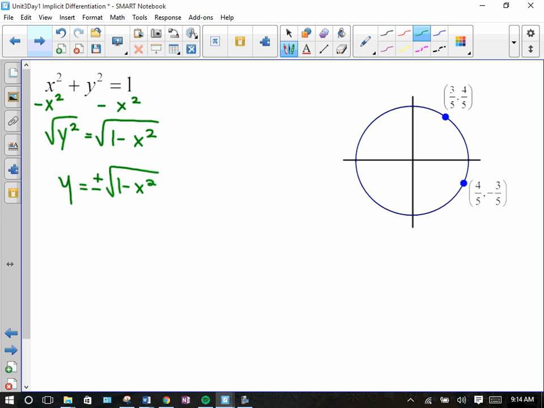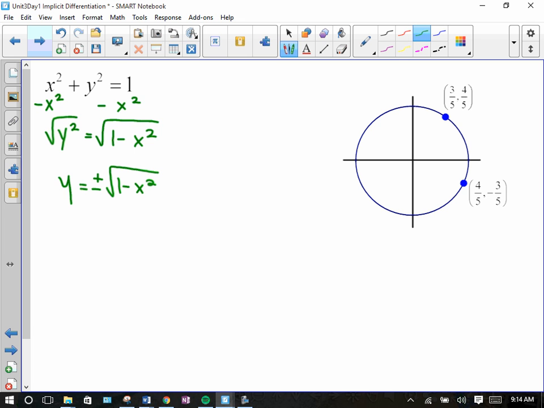Alright? And then we get into an issue here. We have two different functions that we have to figure out the derivative of. And we know that this equation is the equation of a circle with a radius of 1.